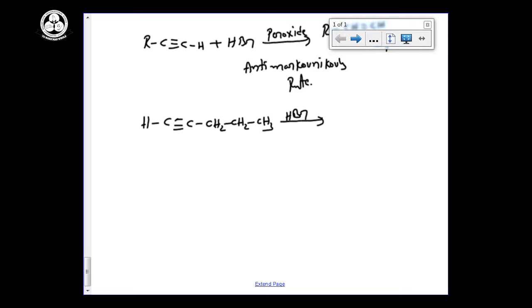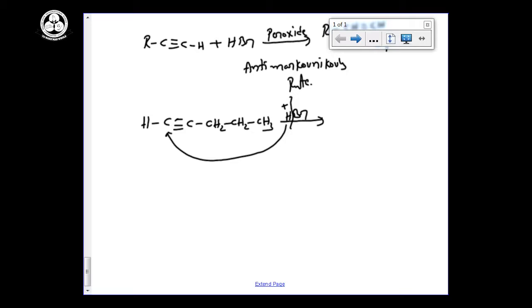Same, you can follow the Markovnikov rule. There is no peroxide. If there is a peroxide, we follow the anti-Markovnikov rule. If there is no peroxide, you have to follow the Markovnikov rule. Now H plus will be attached to the multiple bonded carbon having more number of hydrogens. Doubt: sir, HBr you are adding, it can undergo addition or substitution reaction?